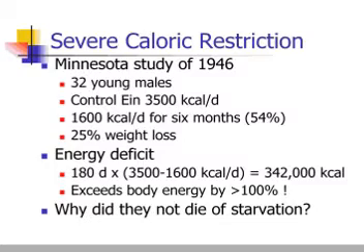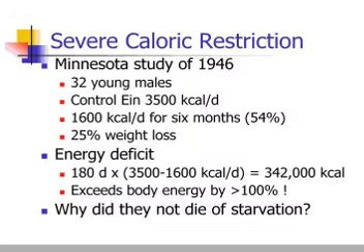It was a study that was done in 1946, and it was actually not to study the caloric restriction. It was designed to study how you would refeed people who are starved. And in 1946, there were a lot of people in Europe who had been starved. So step one, before you could study that, though, was to create a starved population.